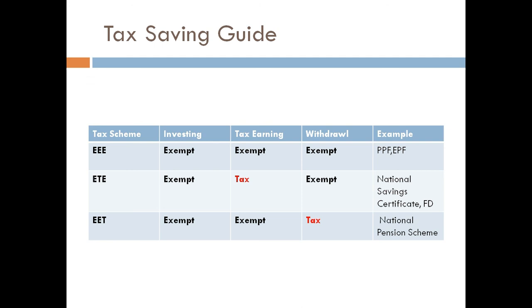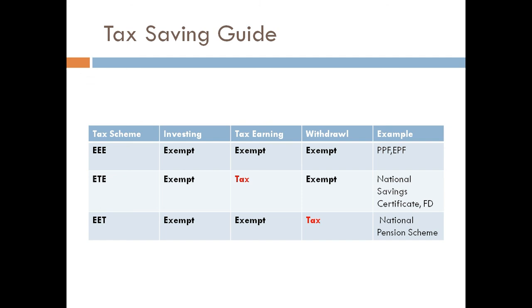Based on that, it will get deducted. And if you are earning interest, you have to declare it in the income tax, and accordingly you are paying taxes on that. But when you are withdrawing money at the maturity of the FD or National Savings Certificate, it would be tax free. So it would be the ETE scheme.